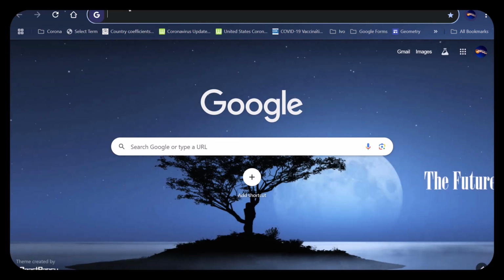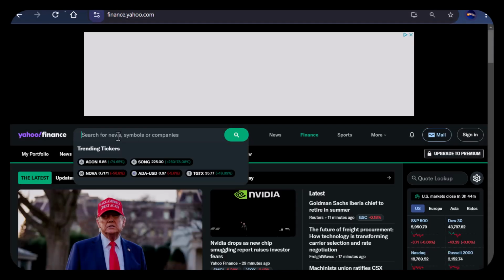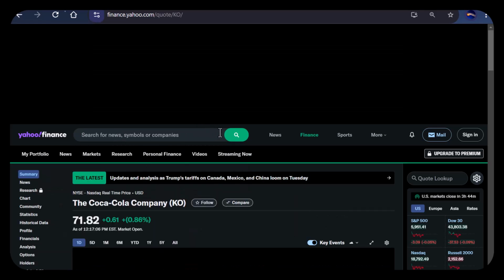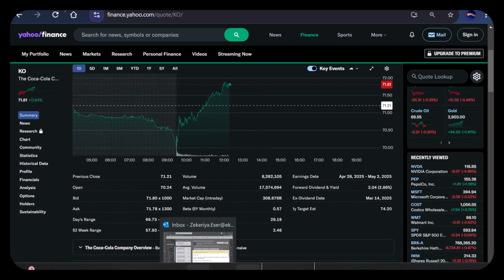Let me open a new page so that I won't lose the analysis page. 2.04.